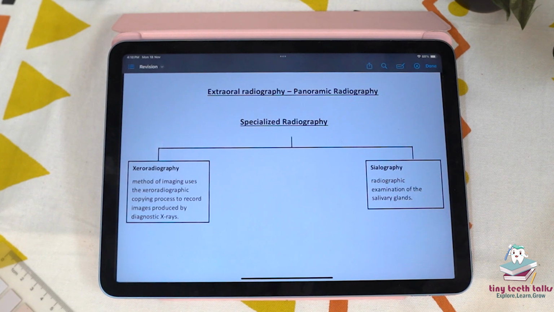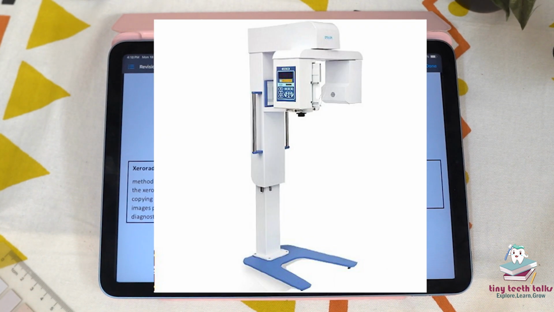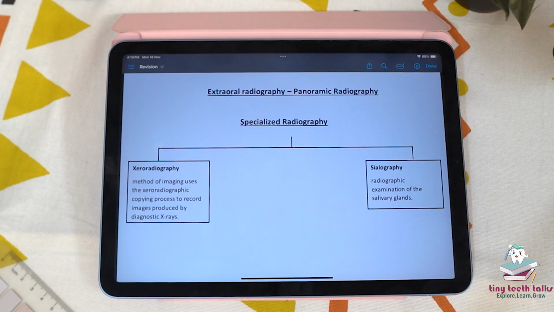Then we covered panoramic radiography, which is an extraoral radiography in which the X-ray film and the source of X-rays move simultaneously in opposite directions at the same speed, including indications, advantages, disadvantages, and uses. Then we covered specialized radiography, which includes xeroradiography, a method of imaging that uses the xeroradiographic copying process to record the images produced by diagnostic X-rays, and sialography, which is the radiographic examination of the salivary gland.